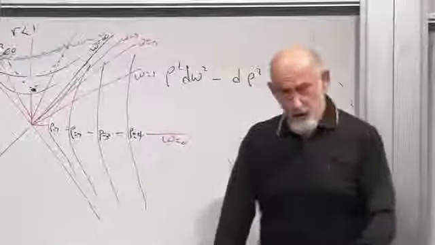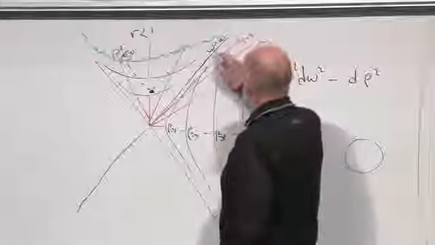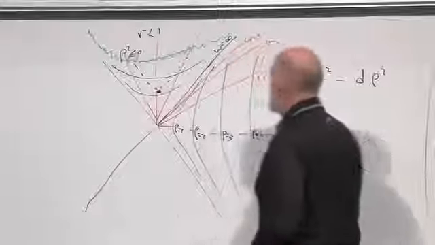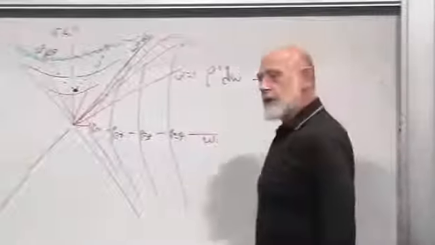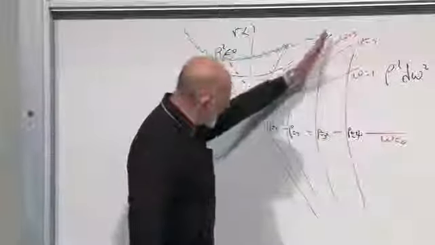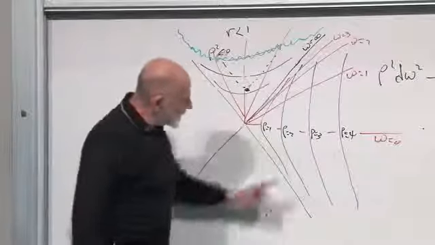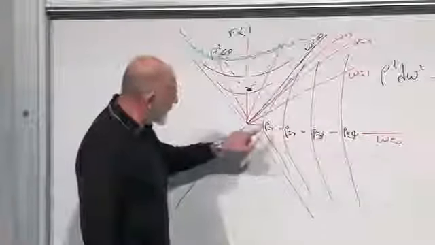And so you're stuck. Where is the point of no return? The point of no return is right over here. That light cone. What is that light cone? Well, each one of these hyperboloids is a different value of rho. Rho equals 4, rho equals 3, rho equals 2, rho equals 1.